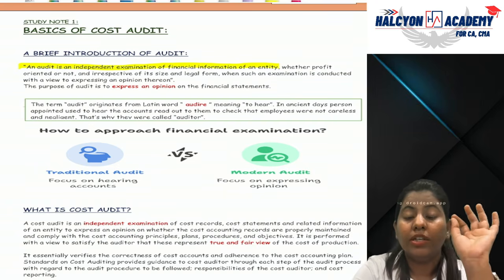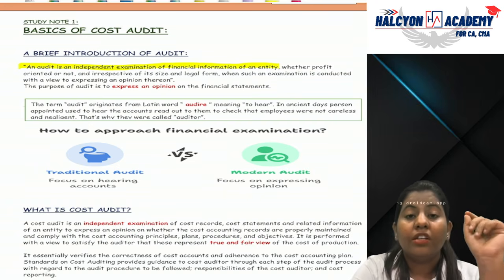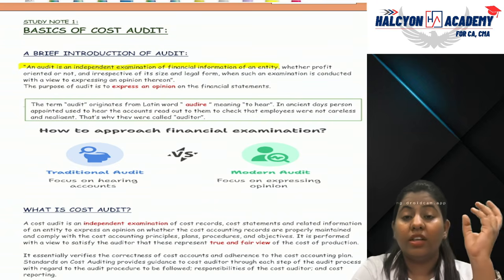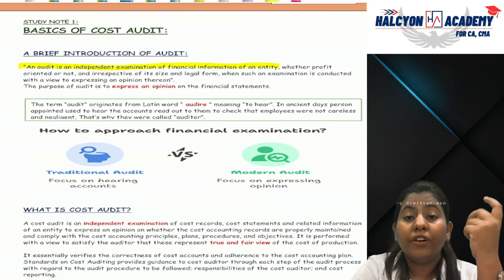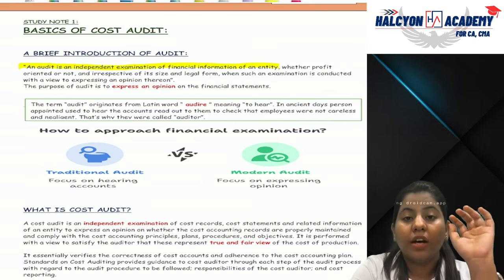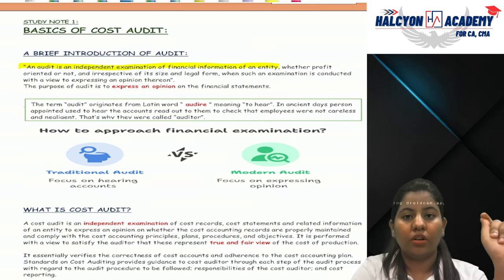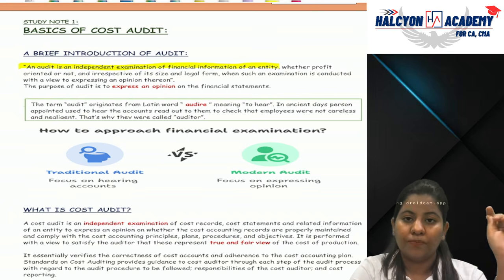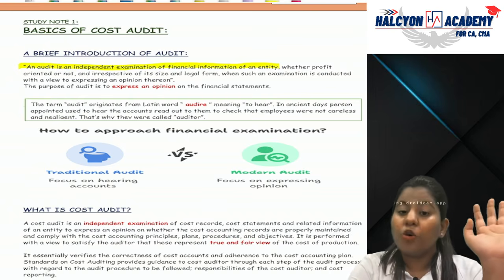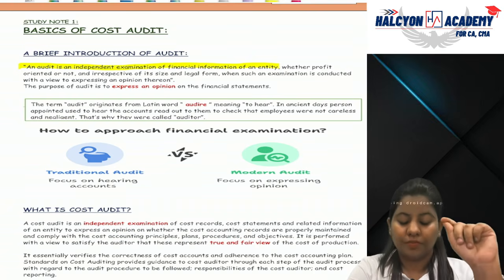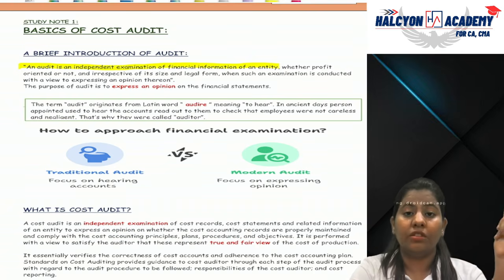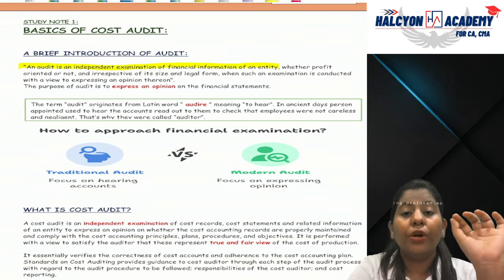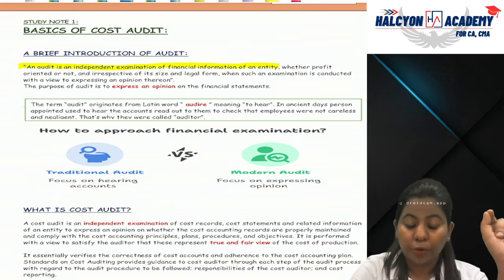He is only going to express his opinion on whether the financial statements are true and fair, whether they are correct and accurate, and if there is any misstatement or fraud, the auditor is going to express his opinion in the audit report about what he examined, verified and checked.